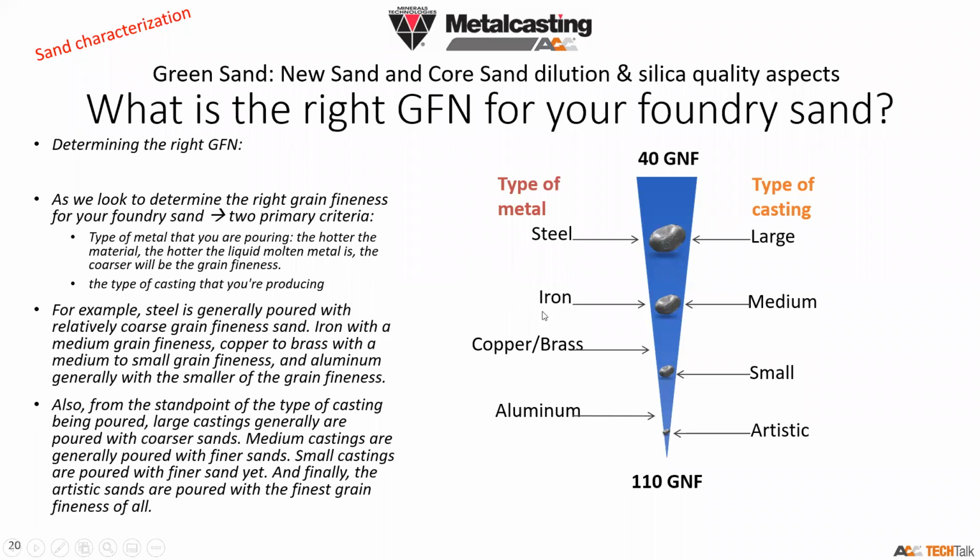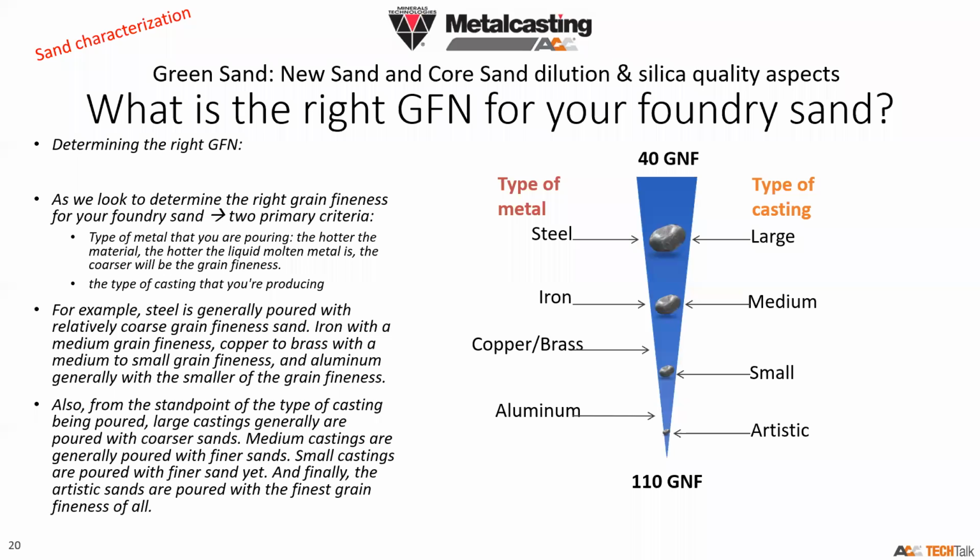As you can see, steel is generally poured with relatively coarse grain fineness sand, iron with a medium grain fineness, copper and brass with a medium to small grain fineness, and aluminium with the smallest grain fineness. That is really what we want to show in this sketch.